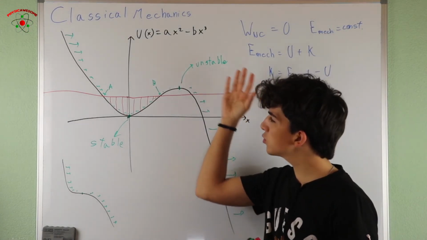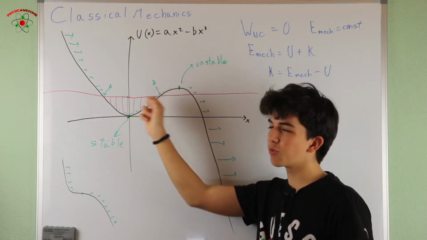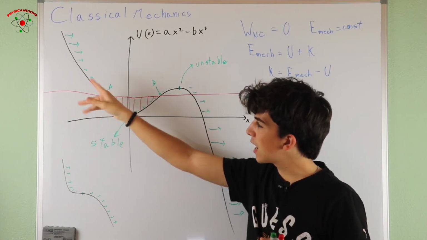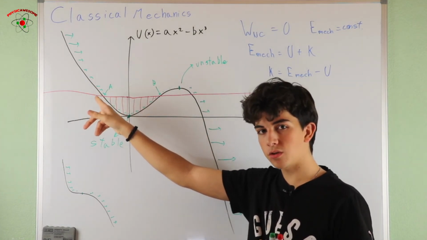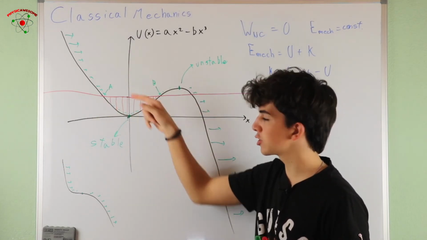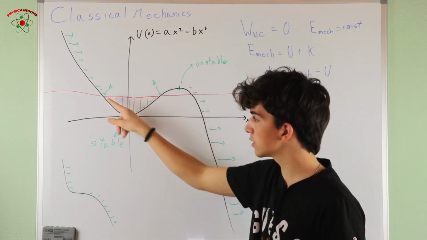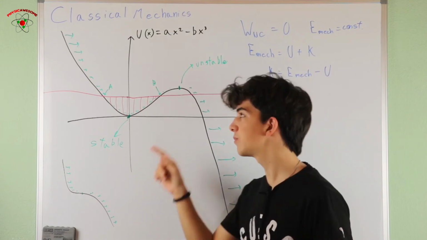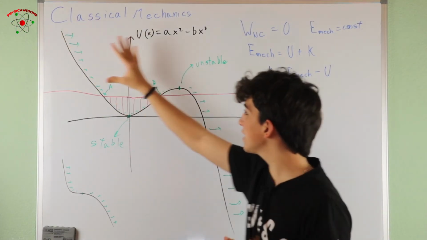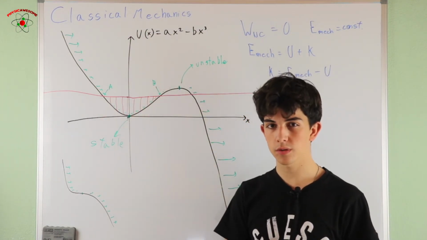Now, I want to understand a little bit more what this kinetic energy over here really means. So, what we see is that a ball that starts at this position, or really at any point along this graph with the corresponding kinetic energy, can move to all of these points of the graph that are permitted by this energy. However, all of the other regions are forbidden for a ball that starts in this position.